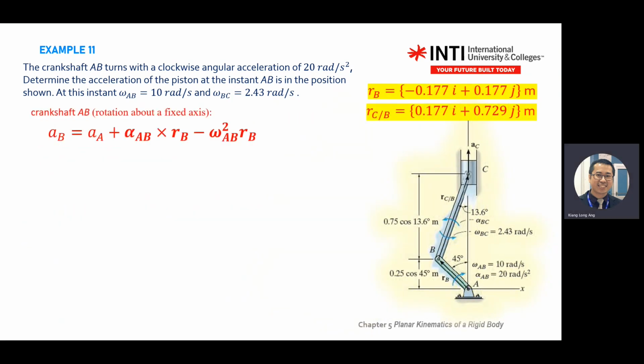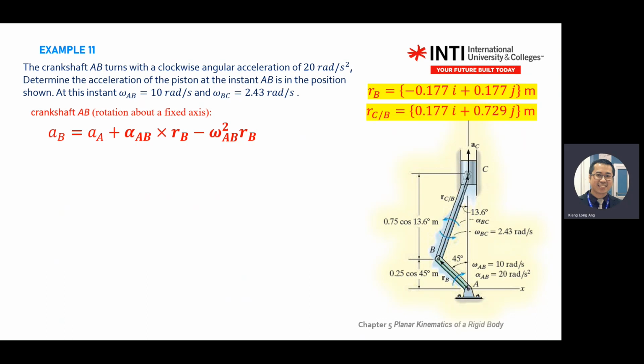Once you get this, you put in the acceleration equation: a_B equals a_A plus alpha_AB cross r_B minus omega squared r_B. The rest of these two components is actually the acceleration vector. So alpha r is your tangent direction, omega squared r is your normal direction.